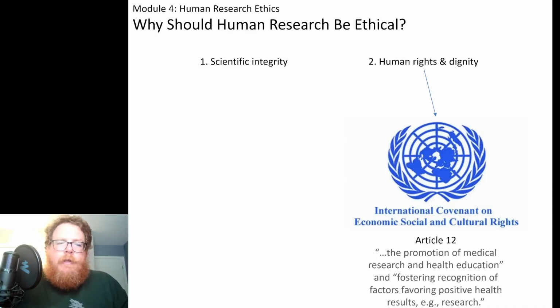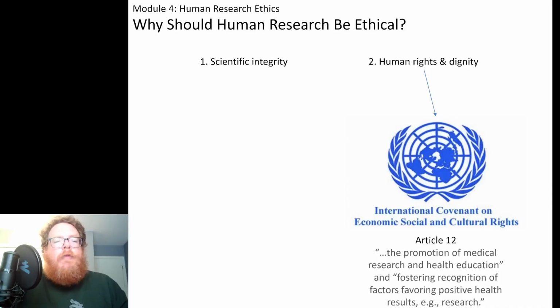So the reality is that we have this international covenant that the vast majority of the countries of the world have signed on to, where we recognize that doing medical research to figure out how we can improve human health is important. The international community recognizes that there is an importance to human research.